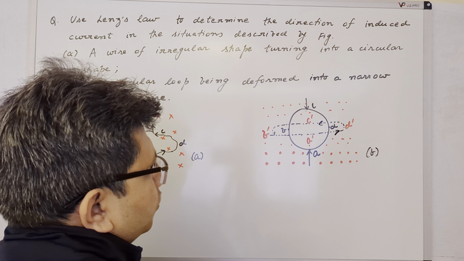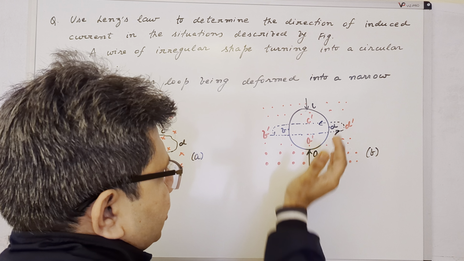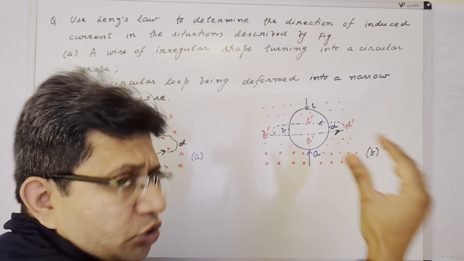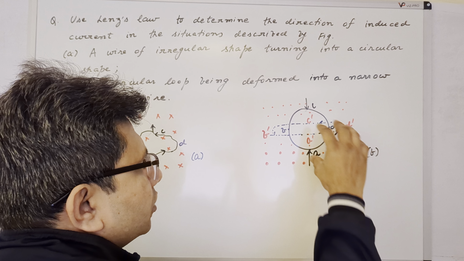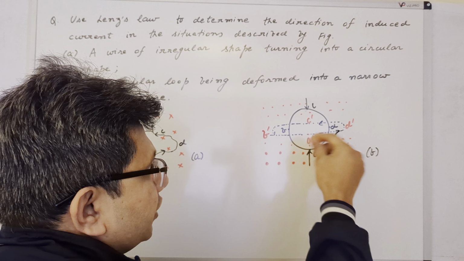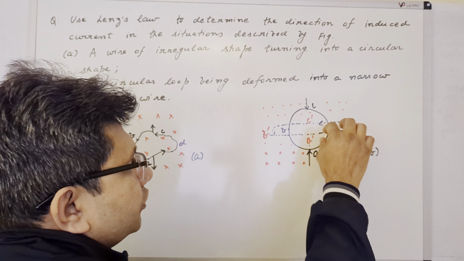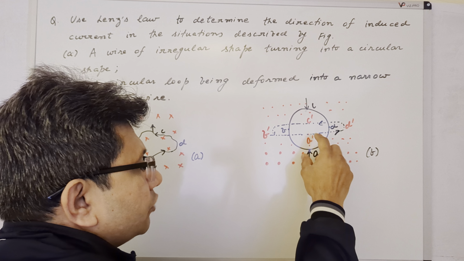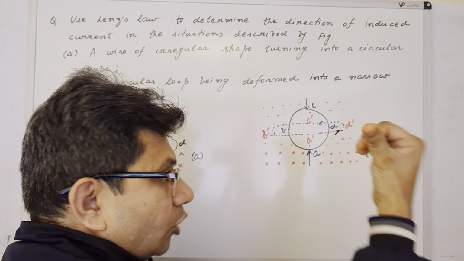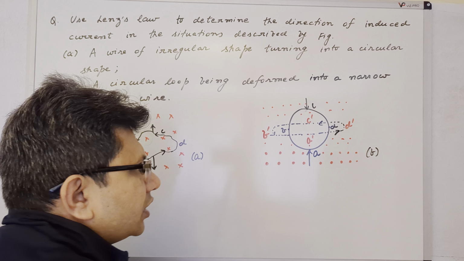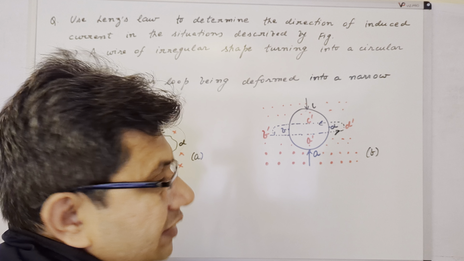Because when we take this anti-clockwise direction, then the field is in the outward direction, which basically supports the original field, because we have to increase the field since the field is decreasing. So according to Lenz's law, the field should be in the outward direction so as to increase the field. It means that the direction of the current should be in the anti-clockwise direction.